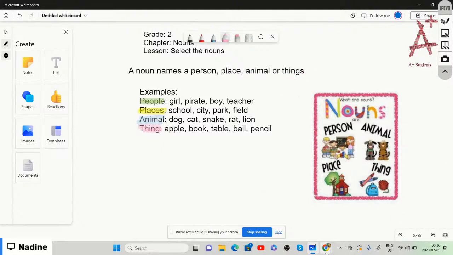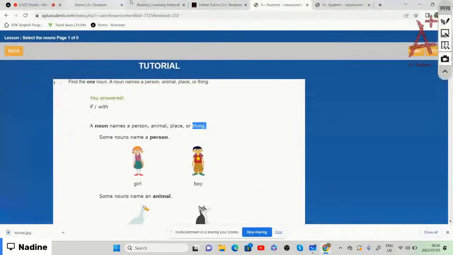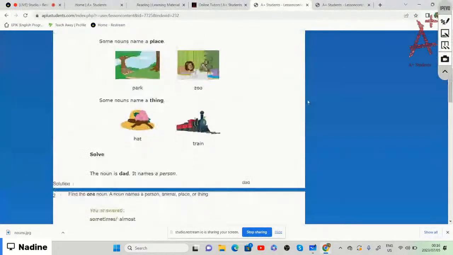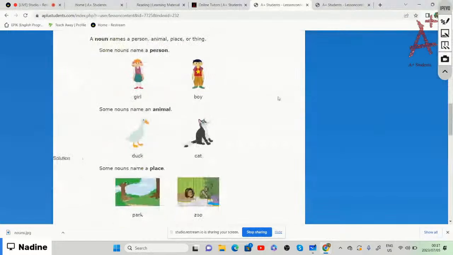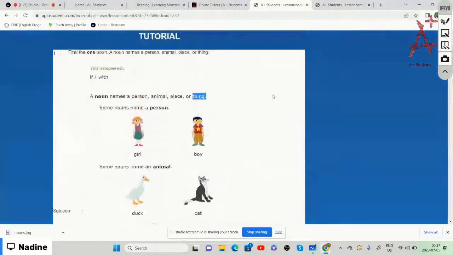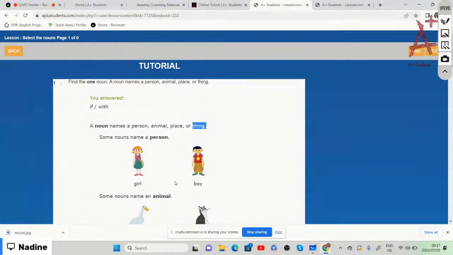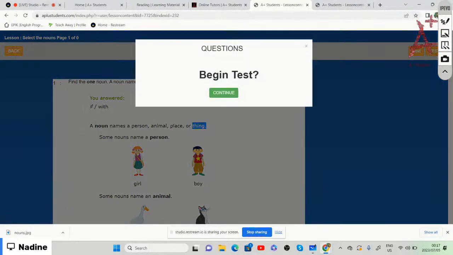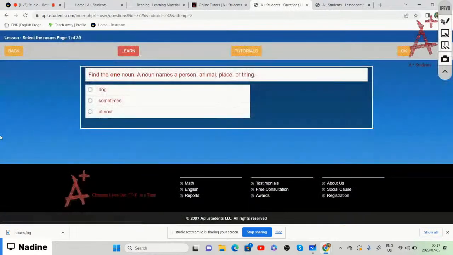So those are nouns. If we go back to the tutorial, these were just a few of the nouns that we identified. So let us quickly do a little test to see if we will be able to identify the nouns. We need to find one noun, and a noun names a person, an animal, a place, or a thing.